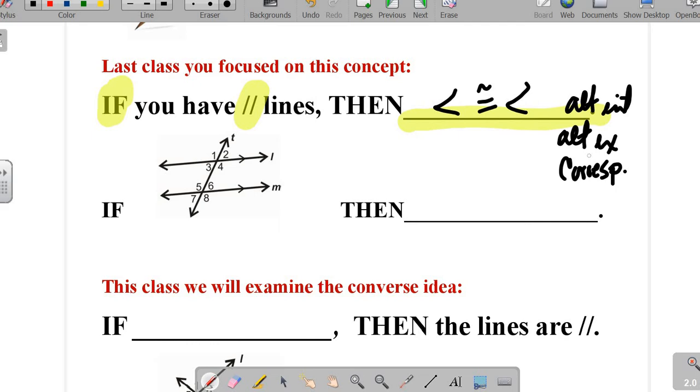And if you have parallel lines, then you would have angle plus angle equals 180. That would be consecutive interior. So if you have parallel lines, then these four things happen. 1, 2, 3, 4.